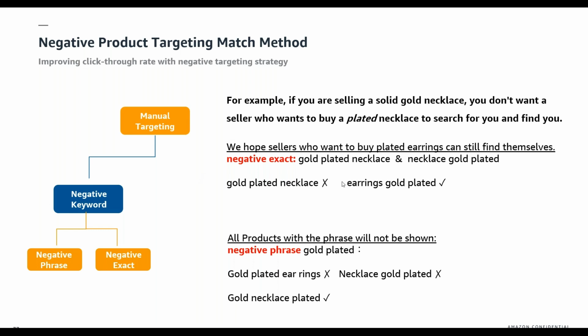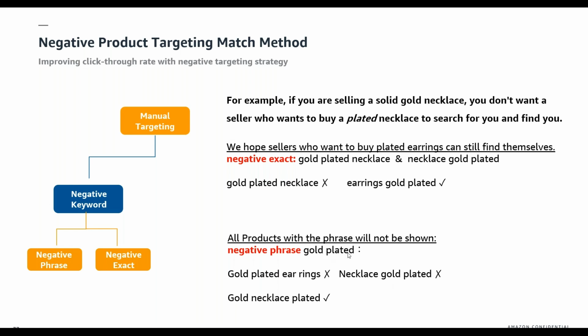So to pay attention, for exact, it is the exact order and exact keywords that you've inserted. For example, if you do negative phrase, it means that it allows a bit of adjustments when it comes to essentially your word order. So gold-plated necklace, like gold-plated earrings, it will be negatively targeted. Necklace with gold-plated, negatively targeted.